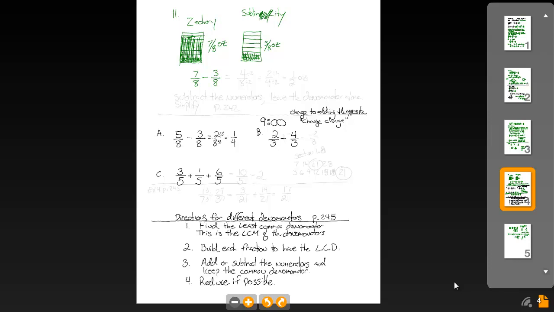Subtract the numerators, the denominator alone. So again, in Rachel's words up here, it's subtract the numerators, leave the denominators alone.